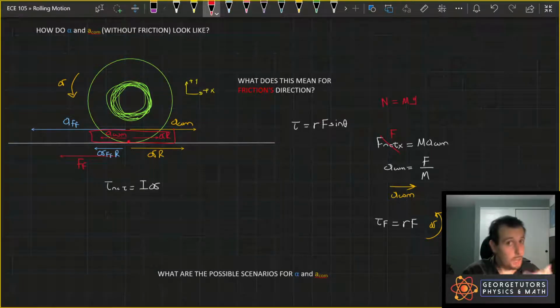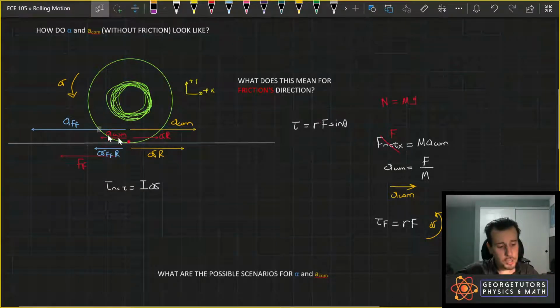It could affect one a lot more than the other one. So having friction on the left here gives us an opportunity for actually flipping the direction of those accelerations and making them again obey that rolling condition. So we know now that this could happen if I make friction go to the left.